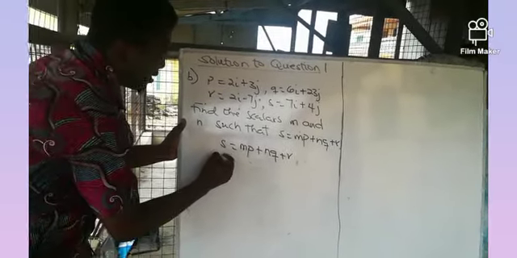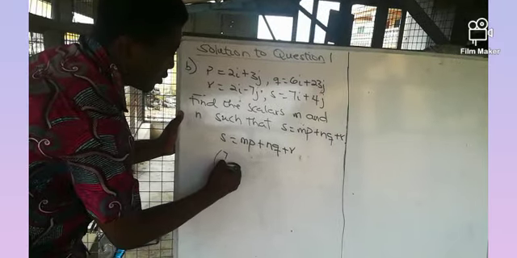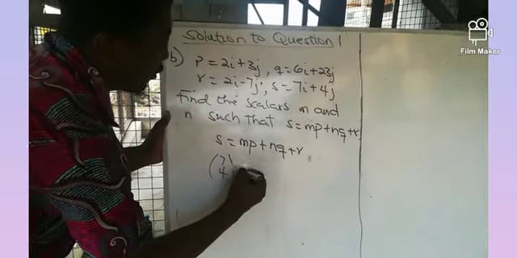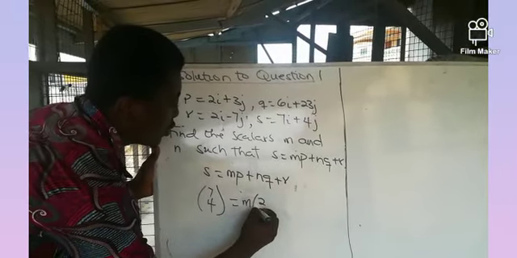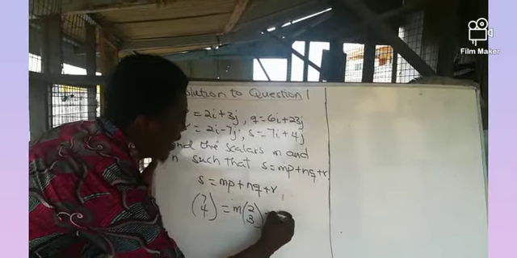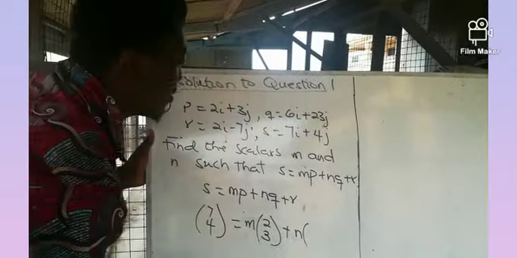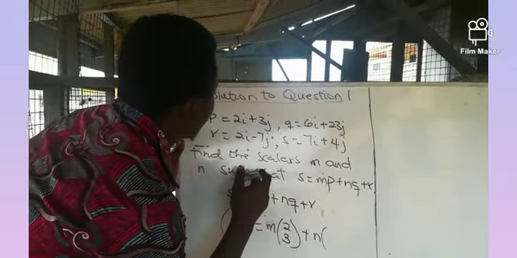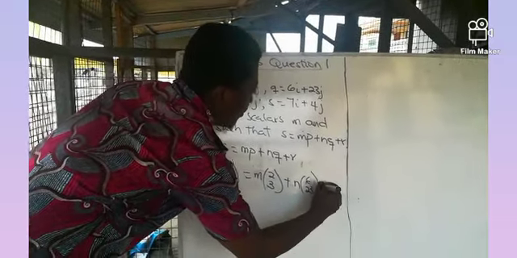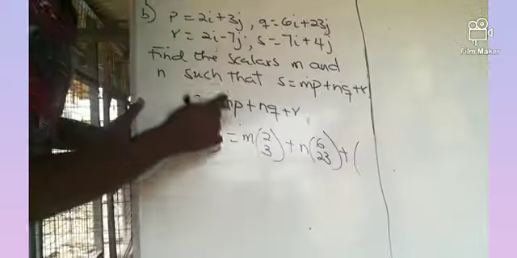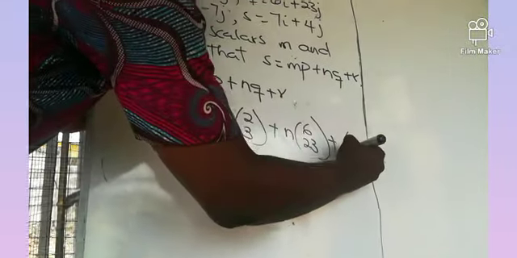So S is the same as 7, 4, which is equal to M. What is P? P is 2, 3, plus N. What is our Q? N times Q, and our Q is 6, 23, plus R. And our R is 2, minus 7.